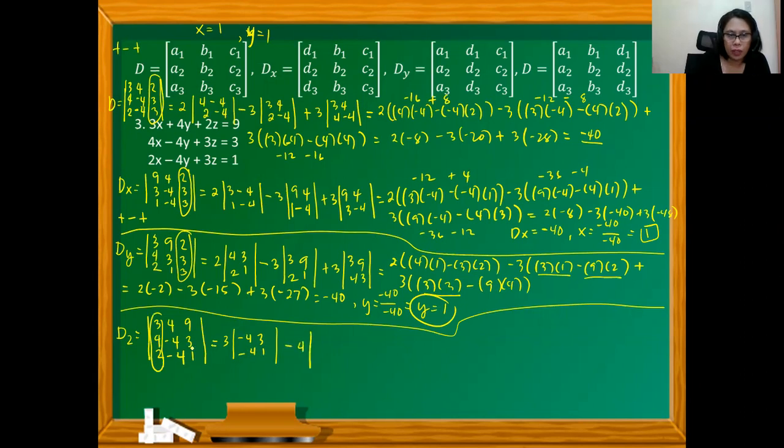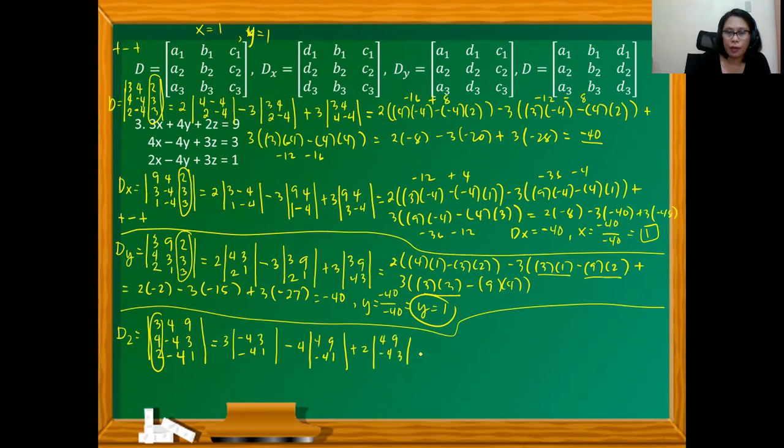So this will be eliminated as well as this column. So there remains 4, 9, negative 4, 1. Plus the last element 2 times its minor. So the last row and the first column will be eliminated. So there remains 4, 9, negative 4, 3.